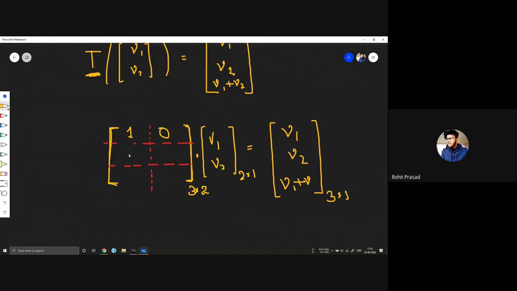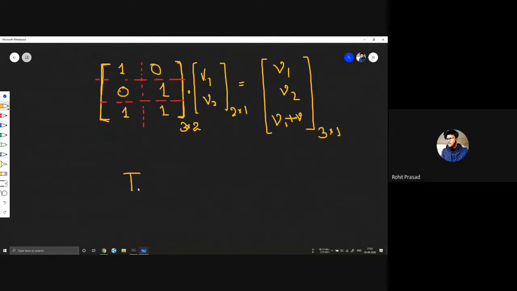And for the second one, this multiplied by this will give you 0, and this multiplied by this plus this multiplied by this should give v2. So this thing will be 1 and this thing will be 0. And for the third one, both will be 1. So a transformation can also be written as a matrix: 1, 0, 0, 1, 1, 1.